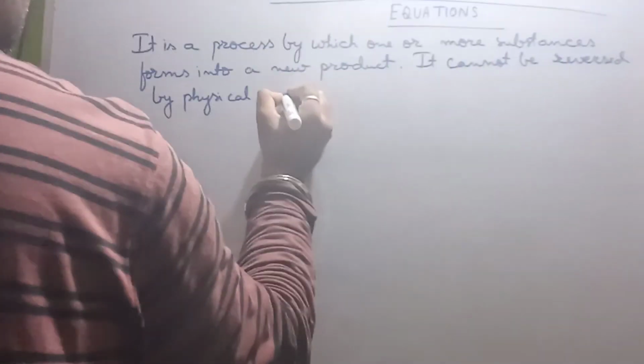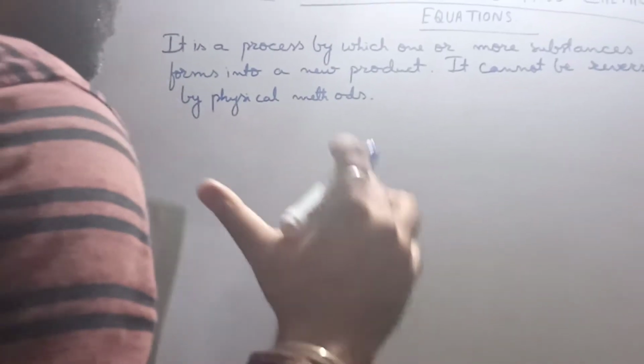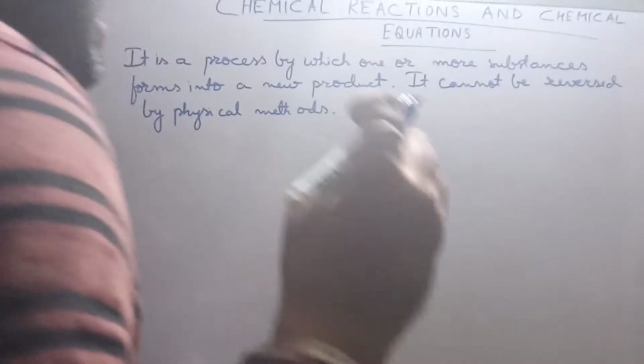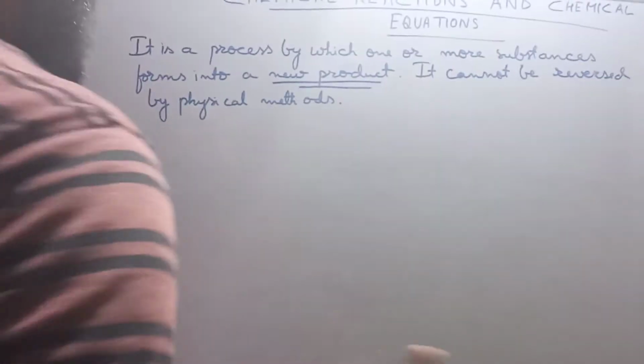So what it actually says is that when one or more substances are added together after supplying heat or with the help of any acid or any other thing, we get those substances changed into a product.